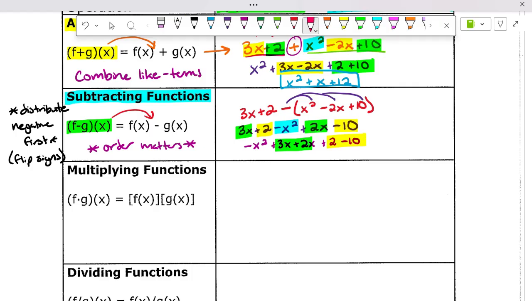So again, I bring down the negative x squared. What's 3x plus 2x? 5x. So plus 5x. What's 2 minus 10? Negative 8. And I'm done.